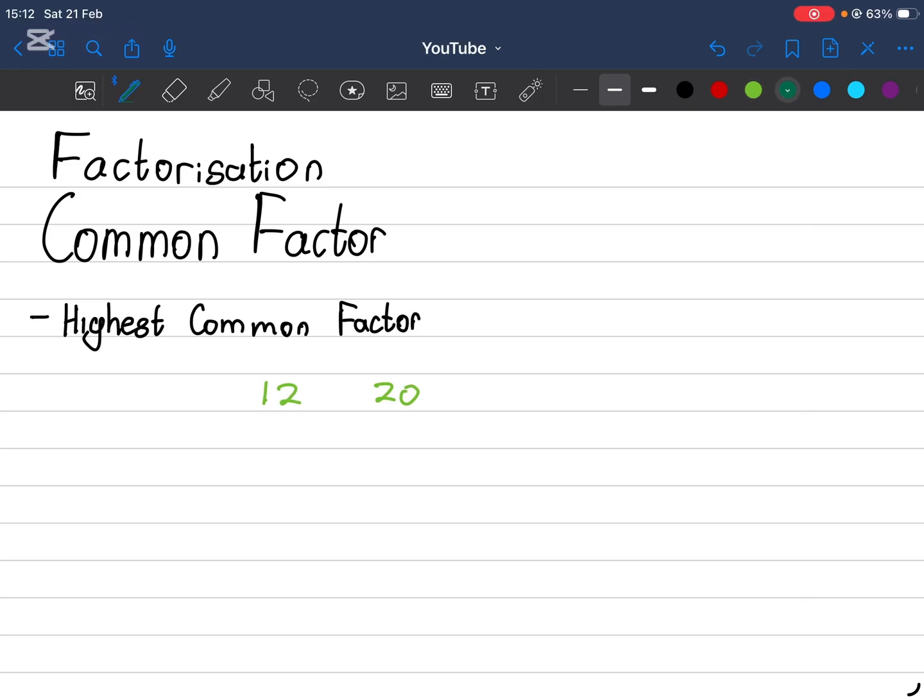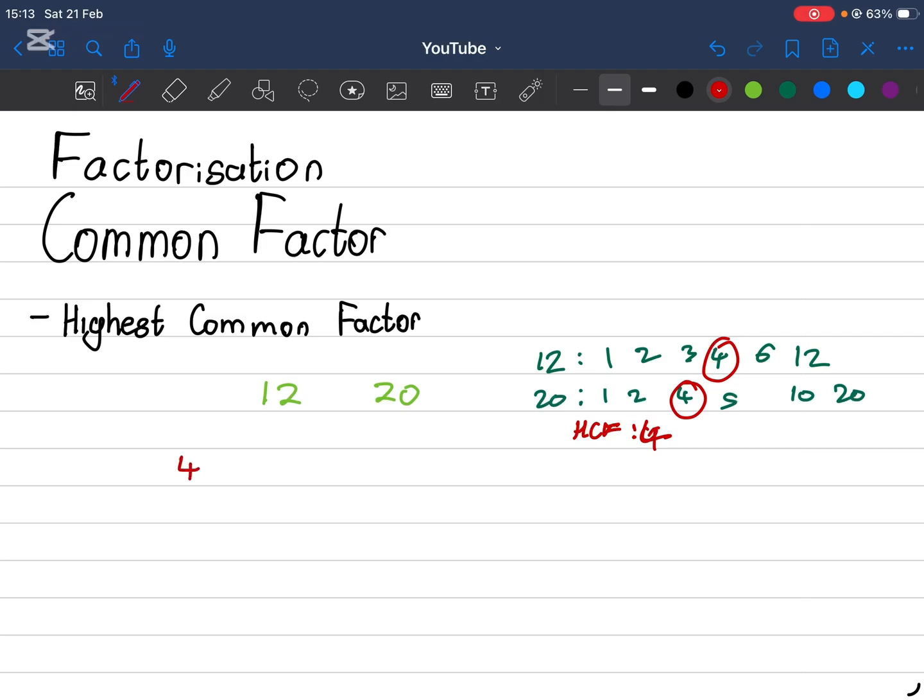Generally, you've learned how to do this using the factors of your two numbers, which involves writing your factors out. Then we look for the highest common factor between these two. In this case, it's going to be equal to 4.